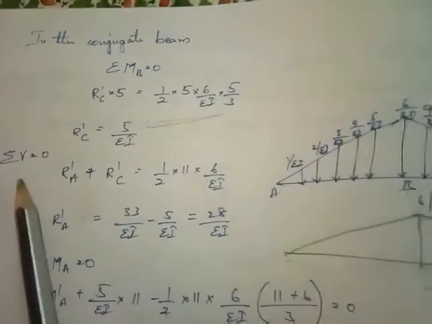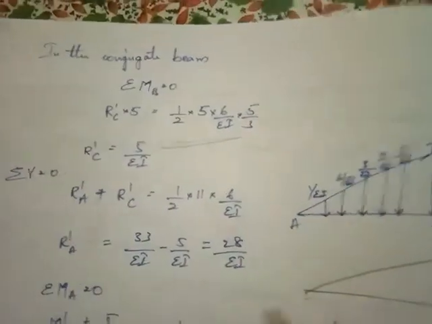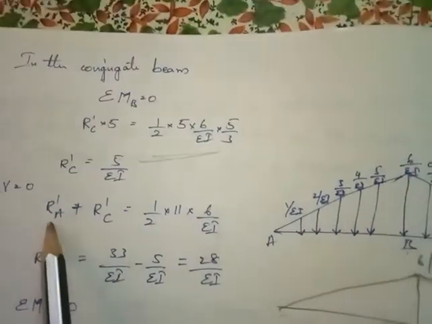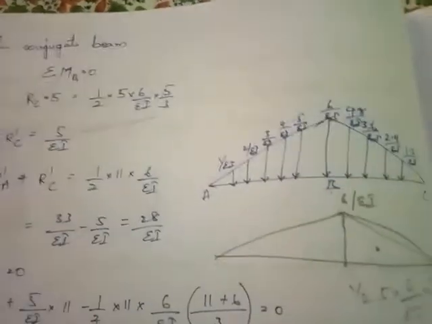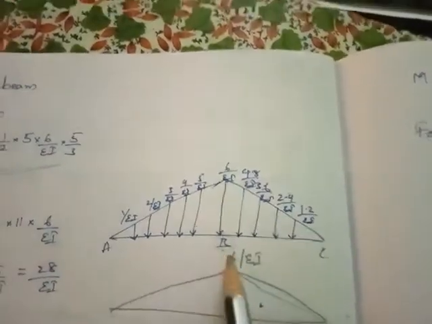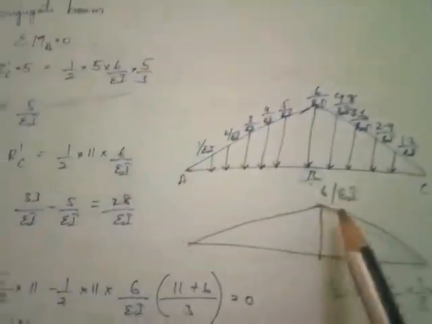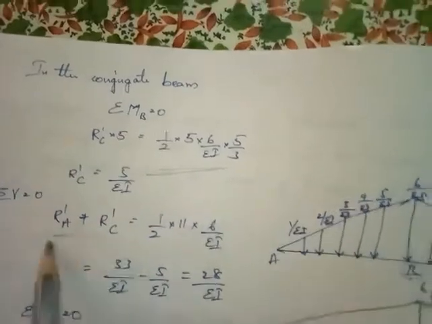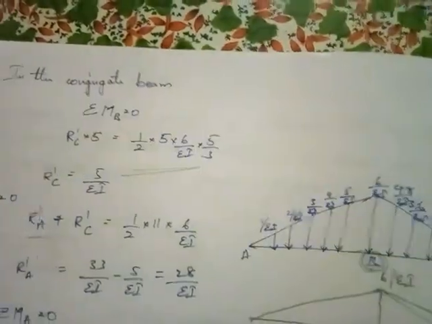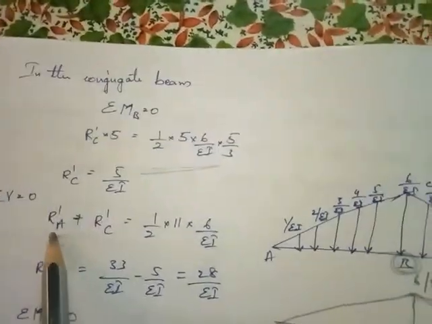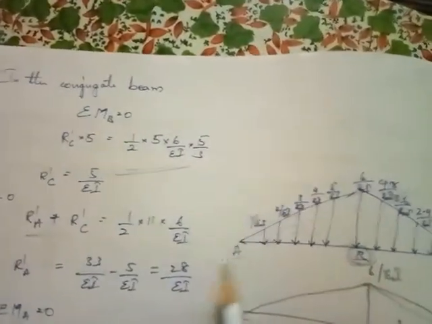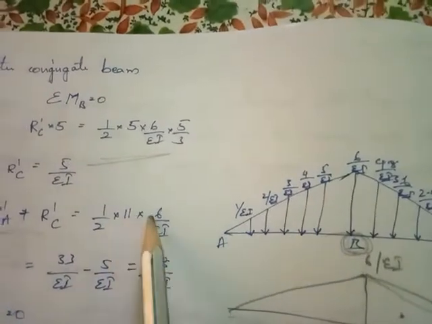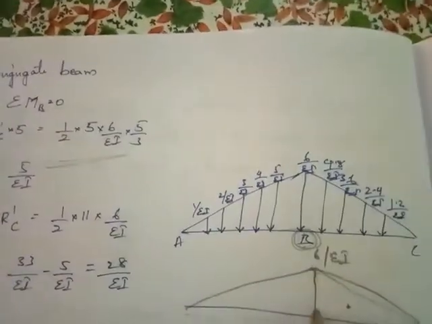Next, sum of forces along the vertical direction equal to 0, that is RA plus RC equals to, here we have released B, there is no support at B, only the load is acting about B. That is why we did not take it in the conjugate beam, we are releasing this member. So R dash A plus R dash C is equal to the load acting on the total frame, which is half into L into 6 by E, because this is acting towards left as well as right.